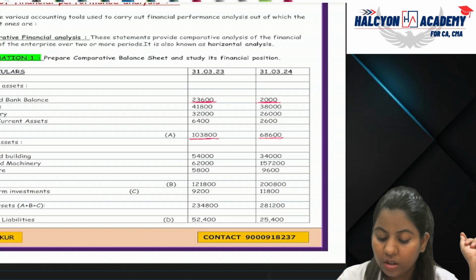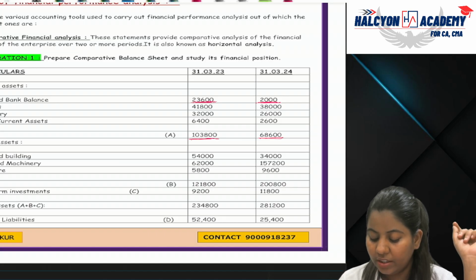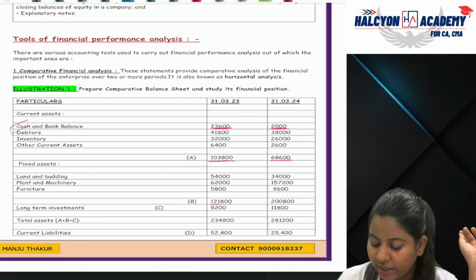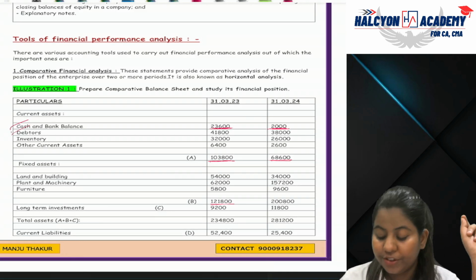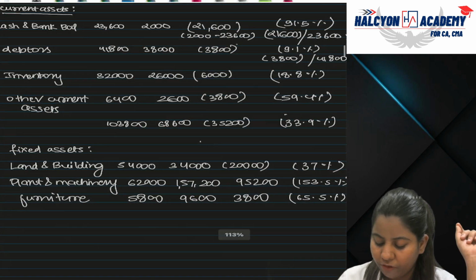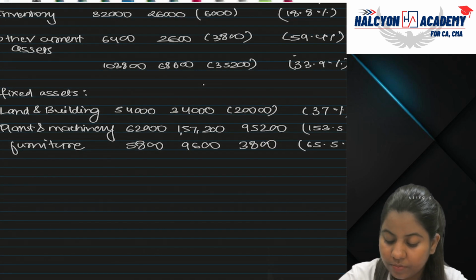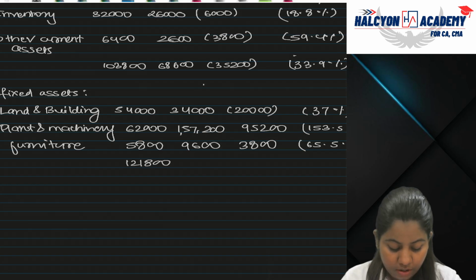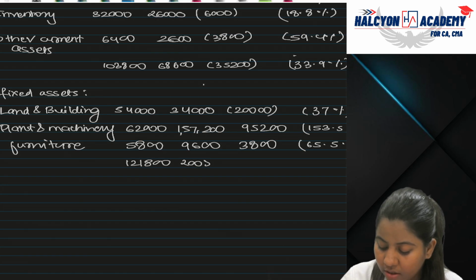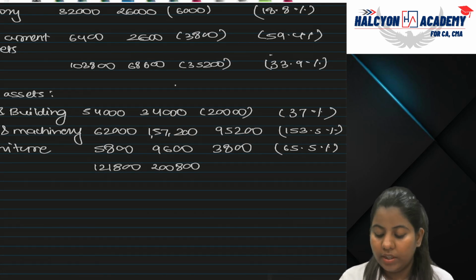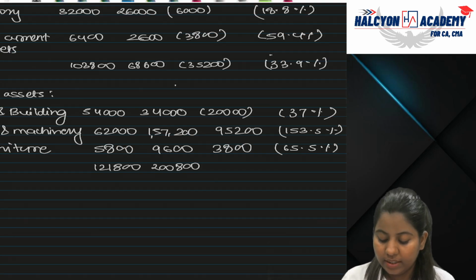Now we have to find out the change in total fixed assets. That is 1,21,800 rupees and 2,08,000 rupees. So in total also we can see that it is increasing. Increased by how much amount?